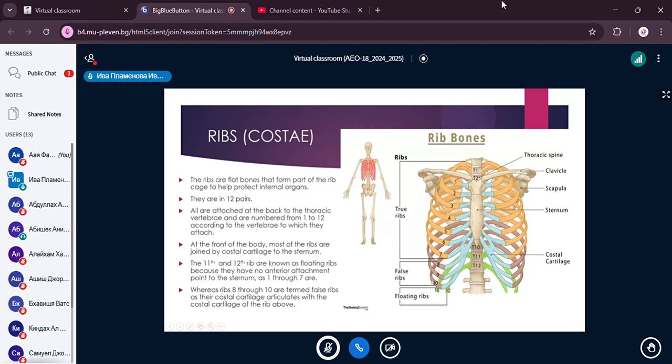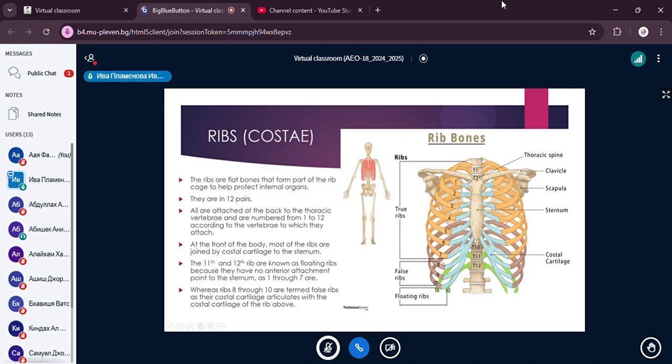Maybe you know that the 11th and 12th rib are known as floating ribs. You can see they don't have anterior attachment to the sternum, while from 1 to 7 have, of course. From 8 to 10, 8, 9, and 10 ribs are called false ribs because their costal cartilage articulates with the costal cartilage of the rib above.